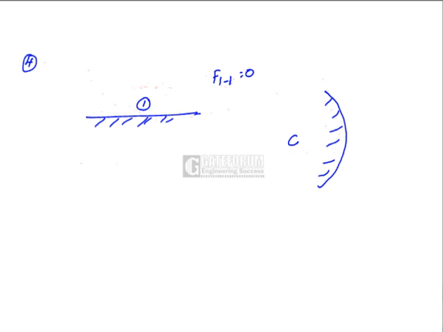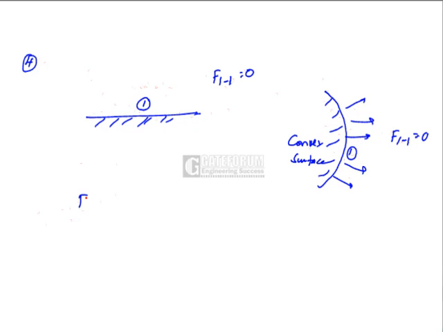Fourth relation: for a flat surface, F11 is equal to 0 because nothing is intercepted by the surface. No part of the energy leaving surface 1 shall be intercepted by the same surface. Similarly for a convex surface, if you take this as surface 1, no energy leaving 1 will be intercepted by surface 1. Here also F11 is 0.